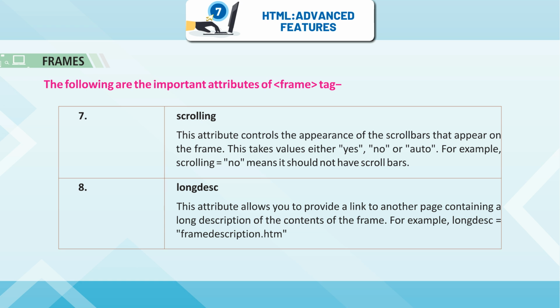For example, scrolling equals no in double quote means it should not have scroll bars. 8. Long description. This attribute allows you to provide a link to another page containing a long description of the contents of the frame. For example, long description equals framedescription.htm in double quotes.